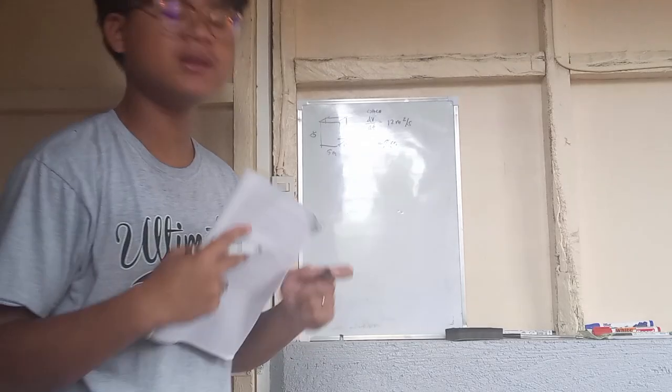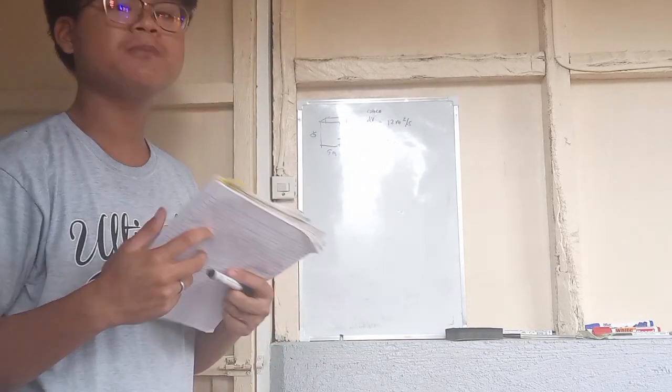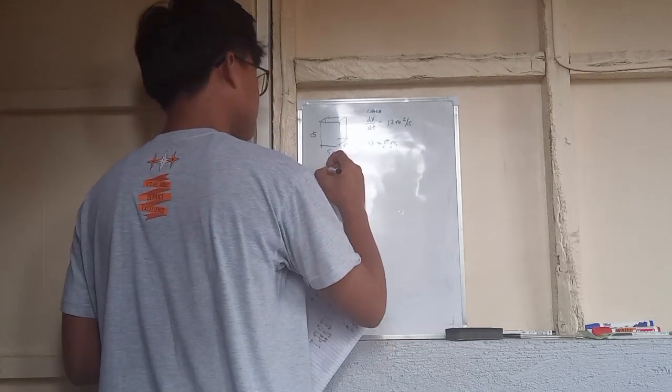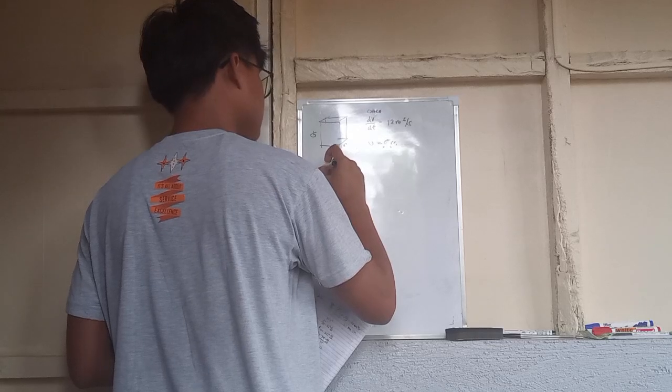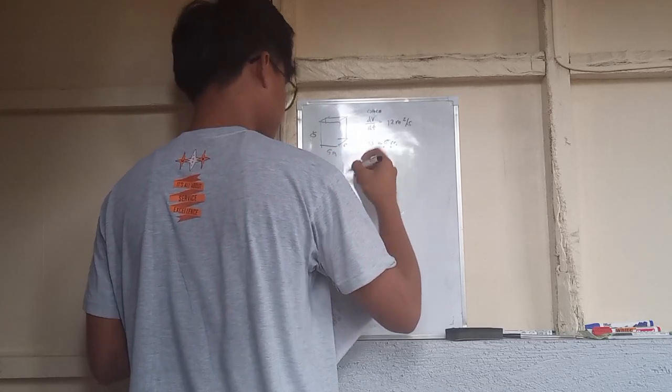Now that we have identified the given values, we can proceed to the formula. So we all know that in getting the volume of the cube, the formula is equal to s cube.